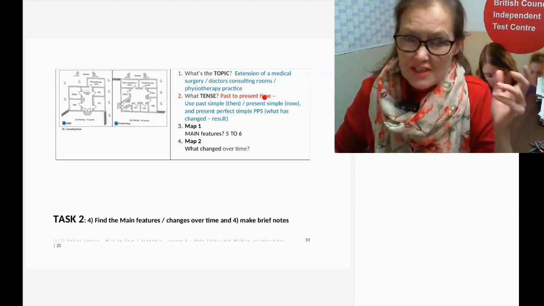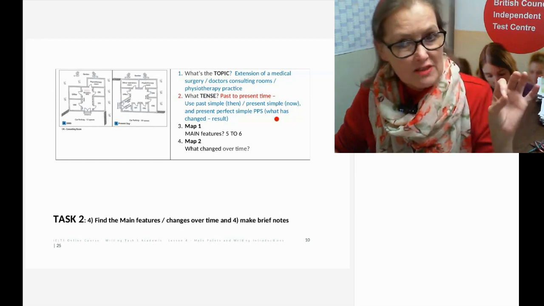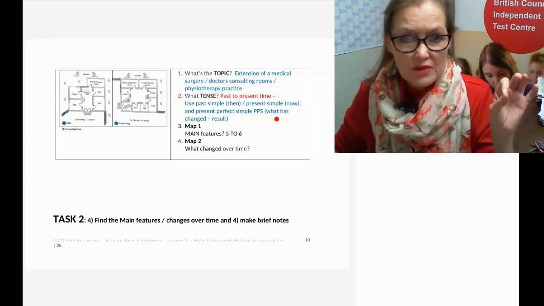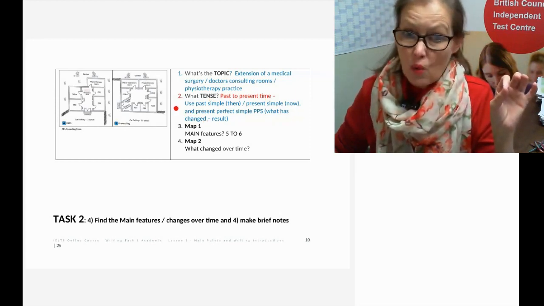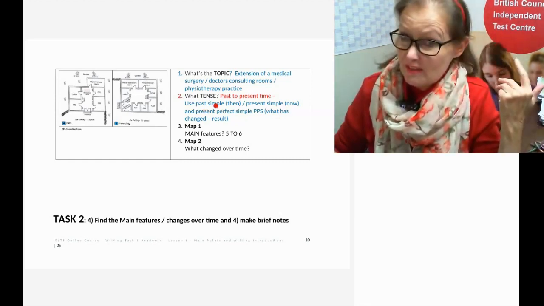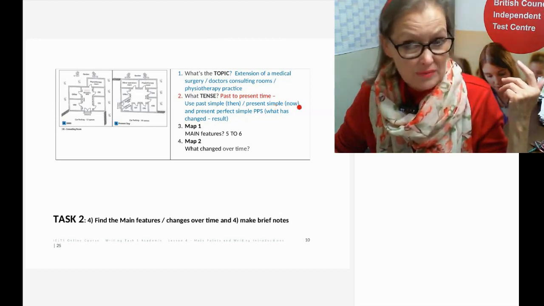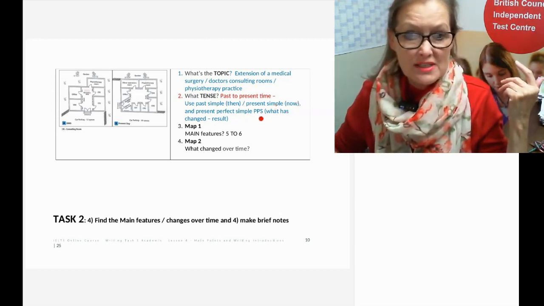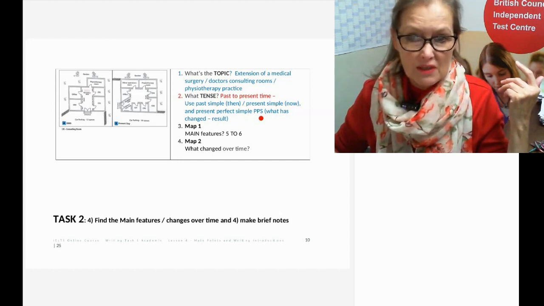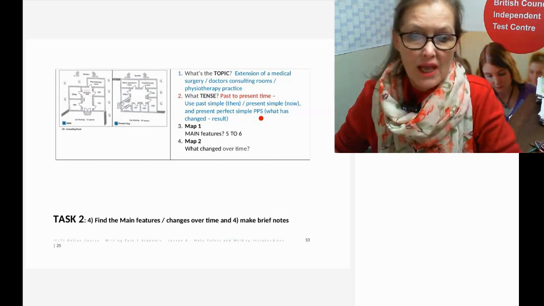And so for these kind of diagrams, we can vary our tenses. And especially if you want that 7, show the examiner that you can talk in both the past simple, talking about then, use the present simple, talking about now, and use present perfect simple to talk about that change over time and the result.